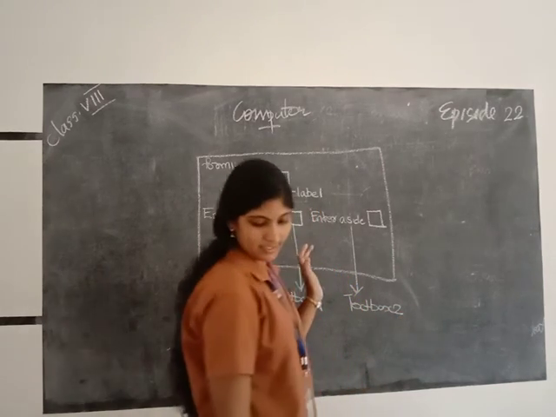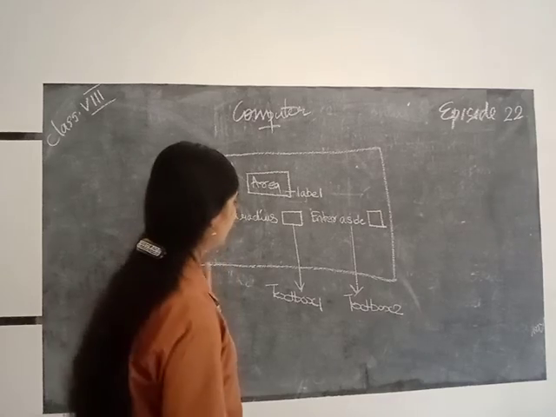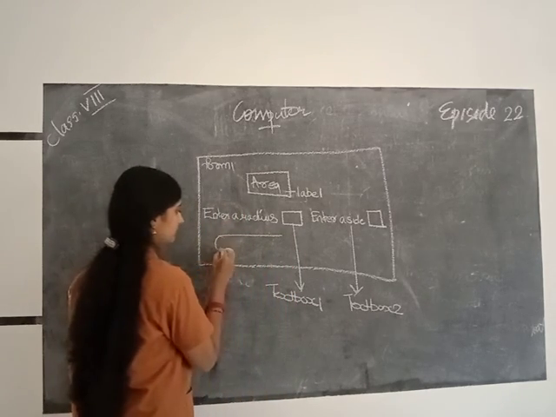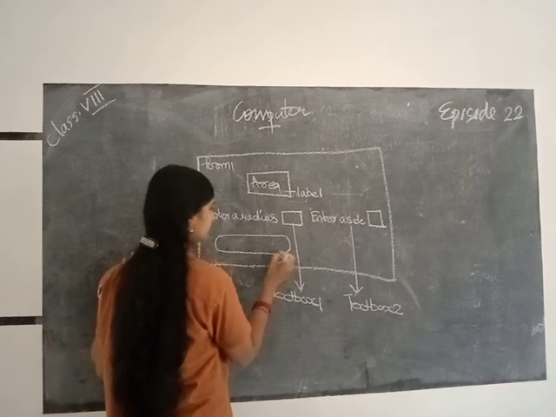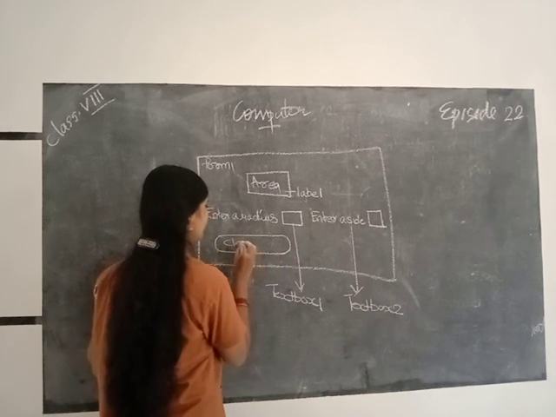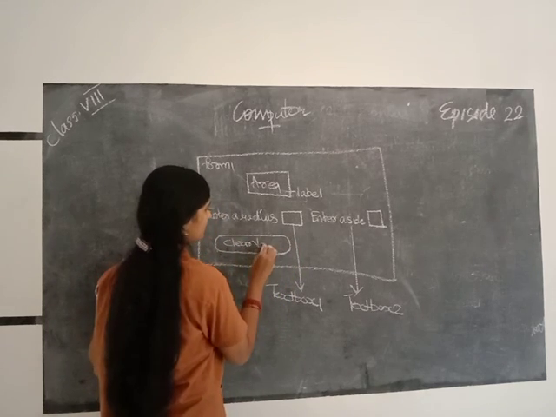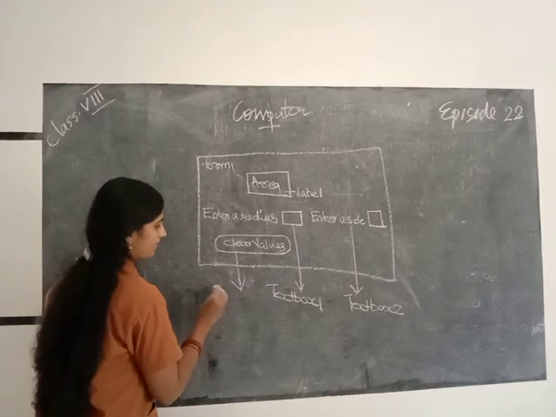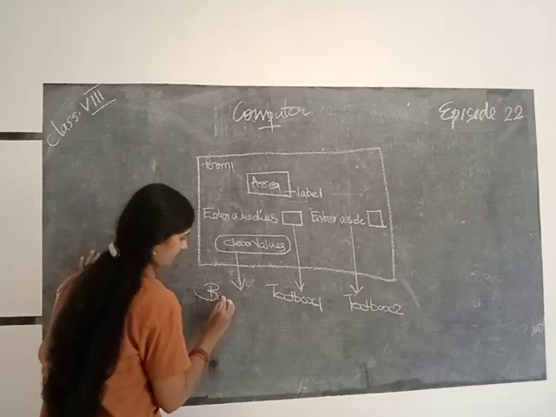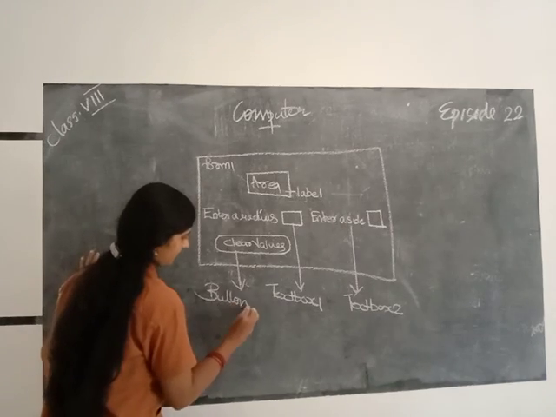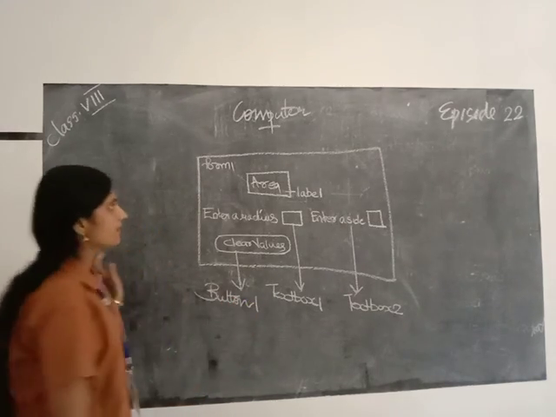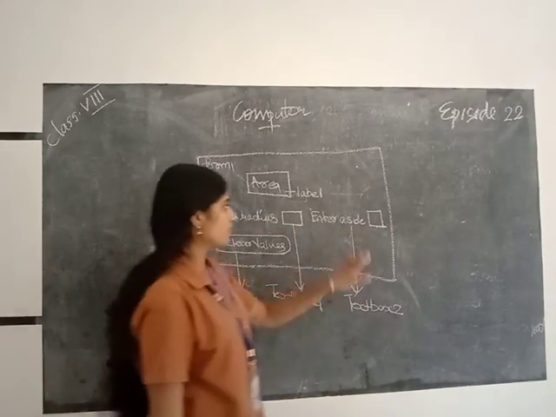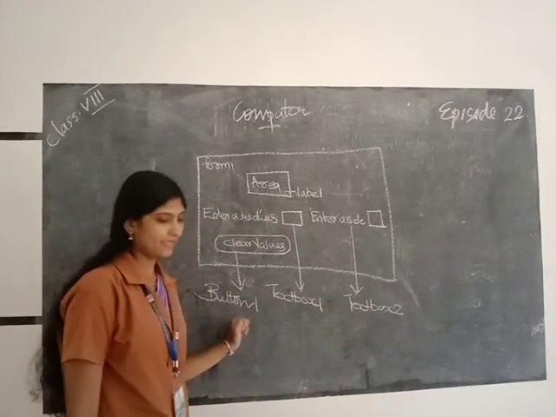Then a button, Clear values. So this is Button 1. So this is Label 1, Text box 1, Text box 2 and Button 1.